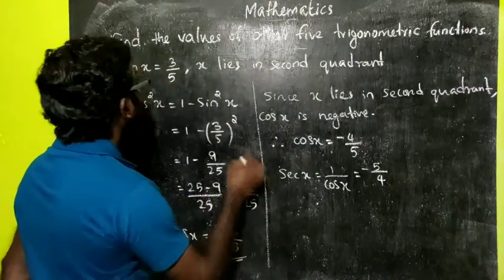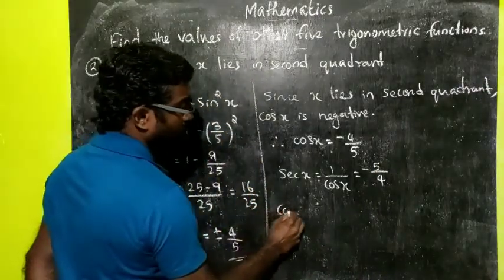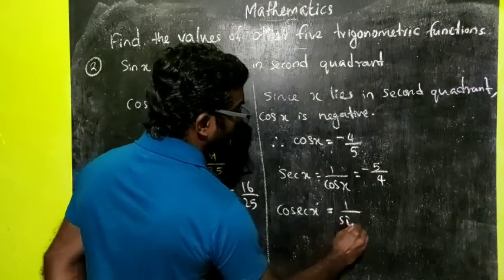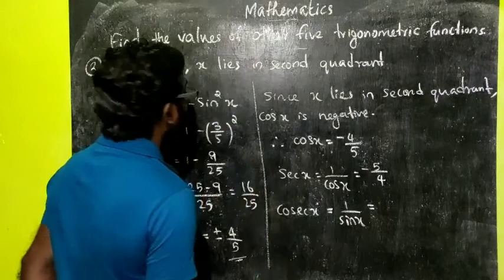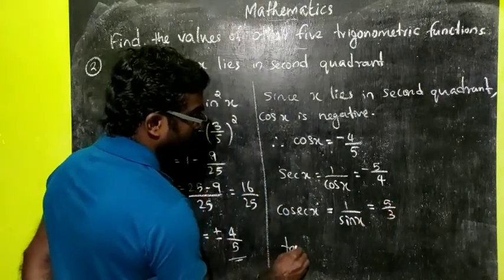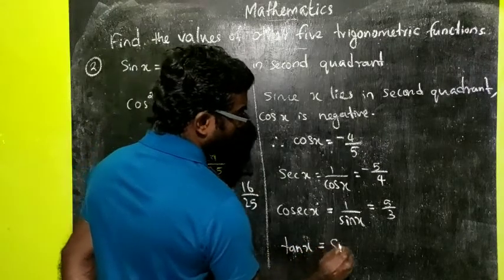Then sin x is given. So cosec x. Cosec x is equal to what? 1 by sin x, which is equal to 5 by 3. And then tan x. Sin x by cos x.